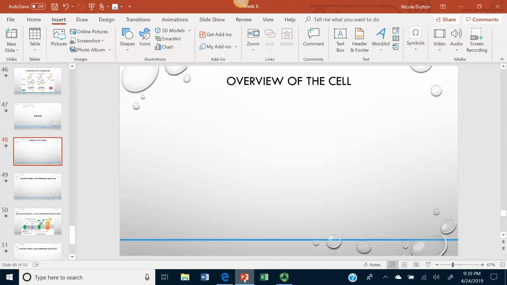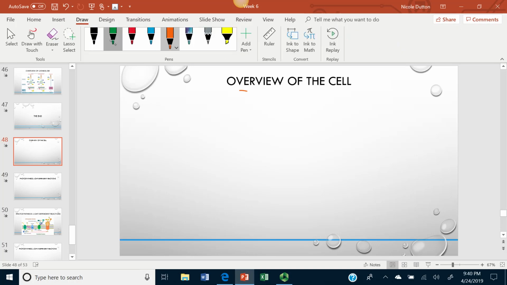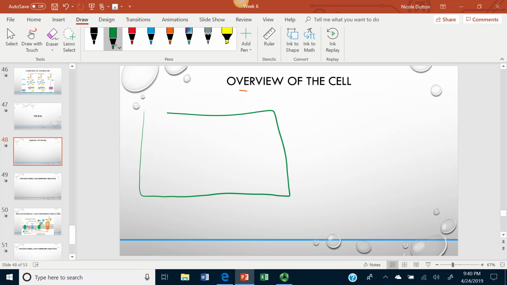So to finish up today's lecture, we're going to go over the process of photosynthesis. So starting with an overview of the cell, in a typical plant cell, we have our nucleus, and then we have these structures known as chloroplasts.